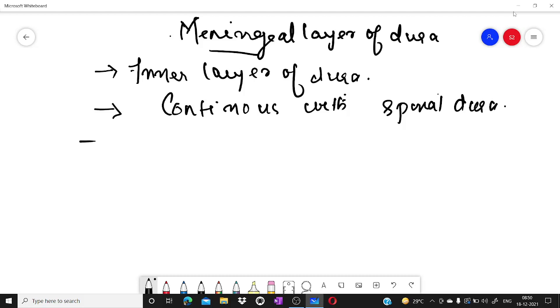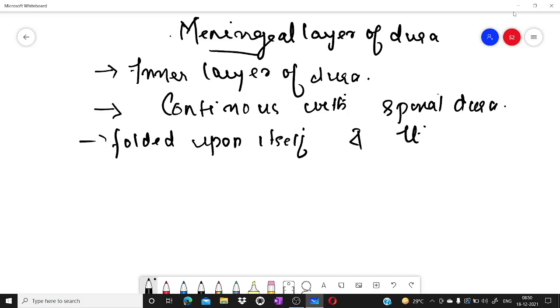This meningeal layer also gets folded upon itself, and thereby it forms dural folds. These dural folds are dividing the cranial cavity into so many compartments.